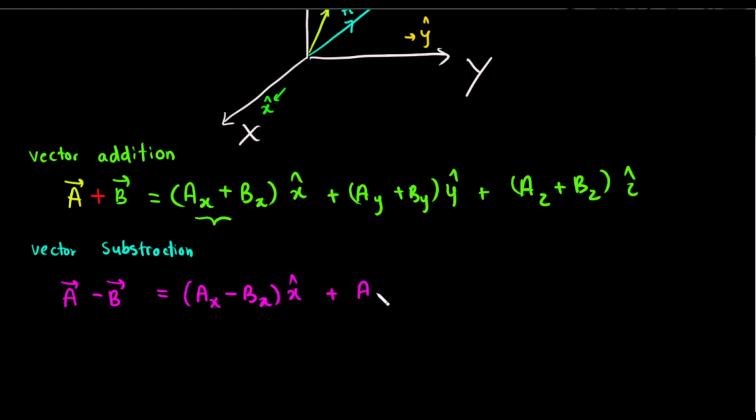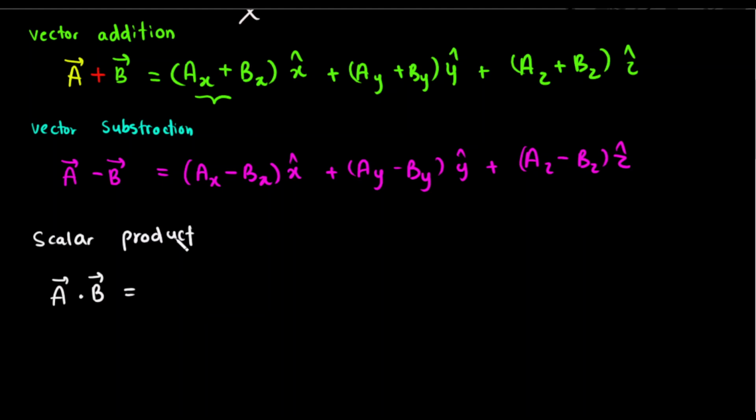Then ay minus by is the vector component along the y hat direction, and az minus bz is the component along the z hat direction. This kind of expression can be obtained for vector subtraction.